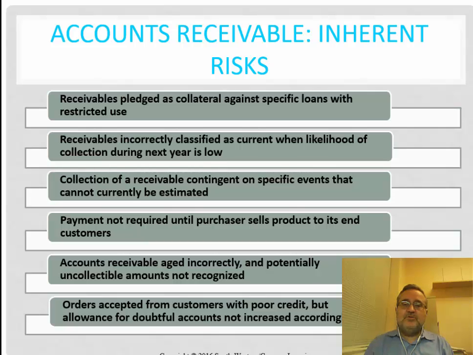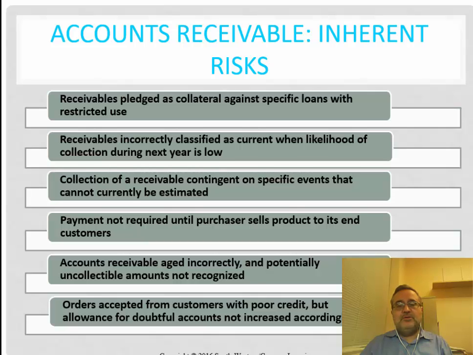Orders accepted from customers with poor credit, but the allowance for doubtful account not increased accordingly. The concern that we have, especially as we are working with the client in this risk assessment process, is if we determine that there is a risk from an environmental or external risk related to the organization that is encouraging the client to become very aggressive in terms of sales, it's very possible that they may be selling to customers with less than stellar credit.